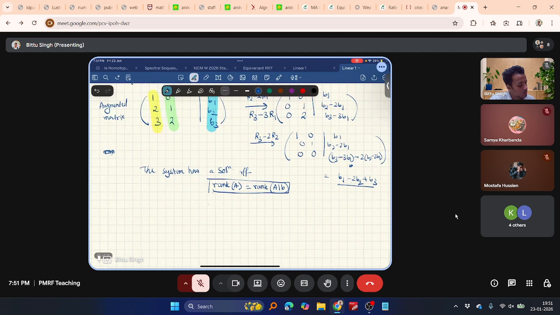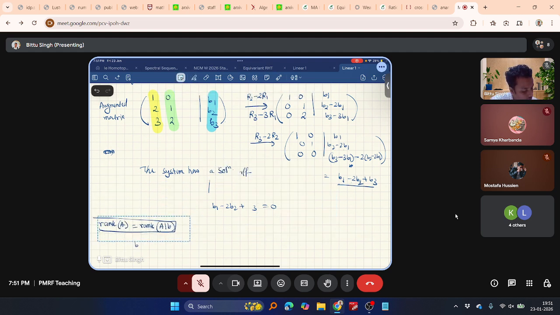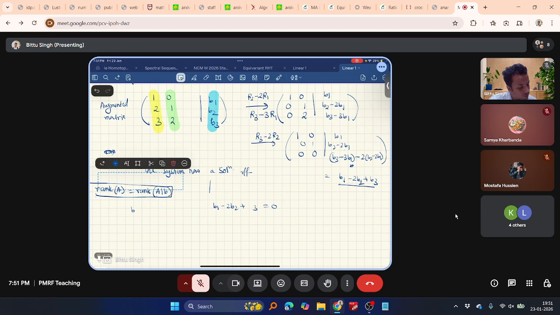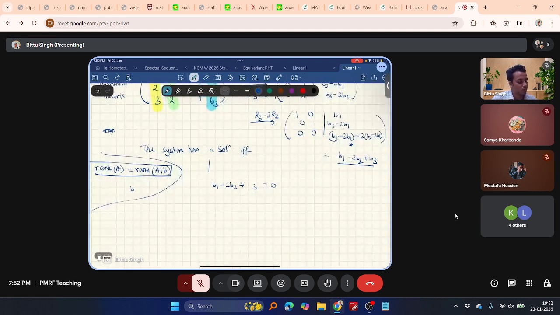So in this case, b1 minus 2b2 plus b3 equals 0. So let me put it aside. Okay, so the system has a solution if and only if this holds.